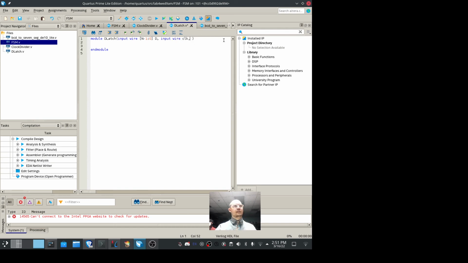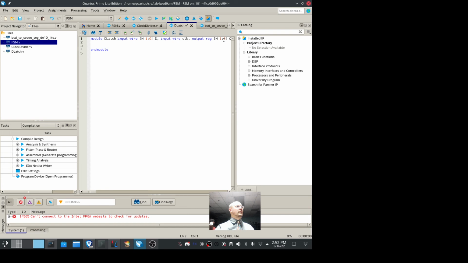Okay, and then we're going to have an output, and it's going to be a reg, and it's going to be the same size that data is, n minus 1 down to 0, q. Now we have to specify n, because as is, the compiler is going to tell us that this doesn't work.